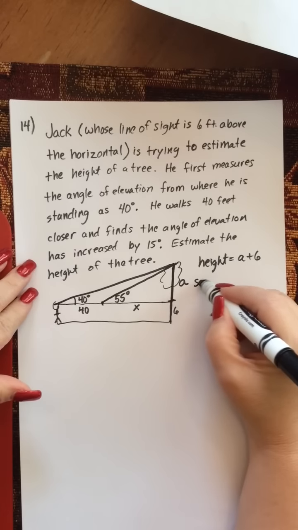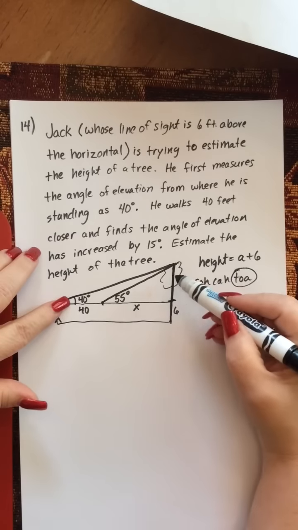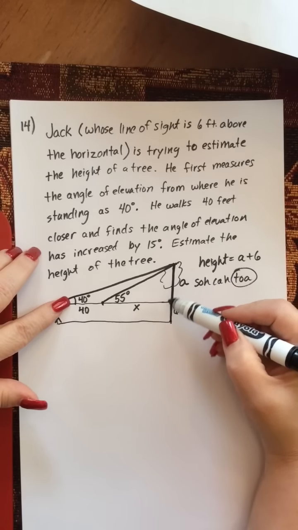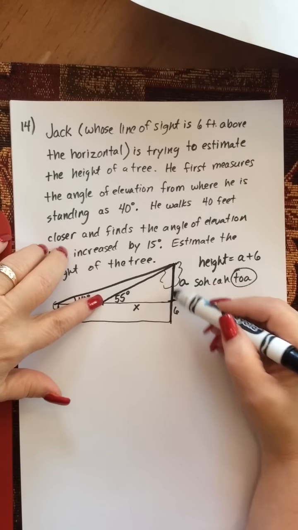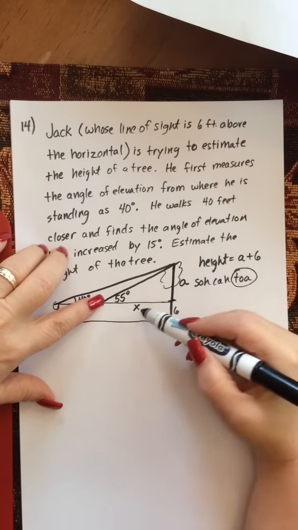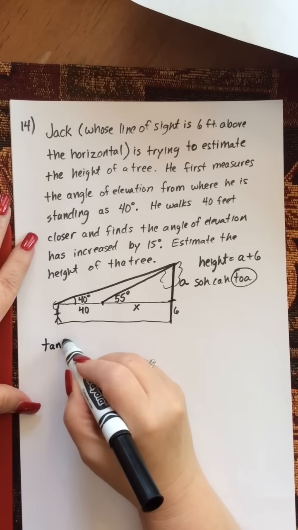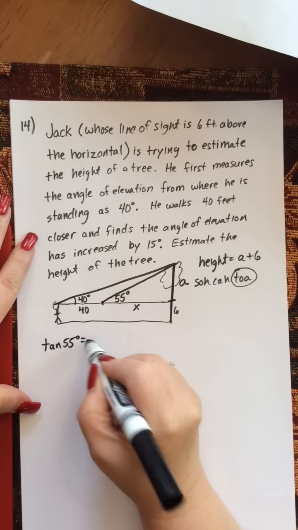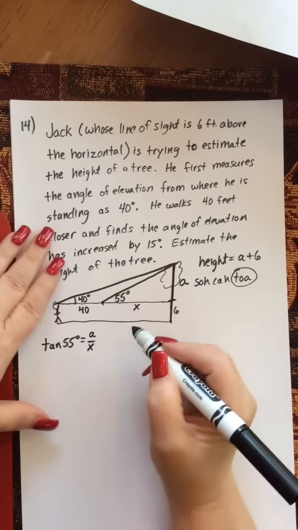Remember SOHCAHTOA. And I believe all we're going to mostly use here is tangent, because opposite over adjacent, okay? So when we were standing here, when the angle of elevation was 55 degrees, it would be A over X. So I do know that the tangent of 55 degrees is equal to A over X. Okay?